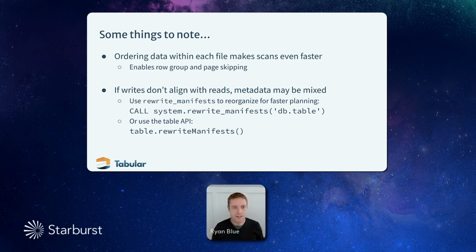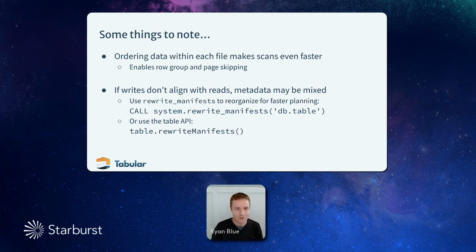On the other hand, if you were using a bucket system and you wanted to really quickly look up just certain buckets without a date filter, then you might want to rewrite your manifests to cluster data by bucket rather than by time. And to do that, we have system calls. So stored procedures, I don't know that this is implemented in Trino yet.